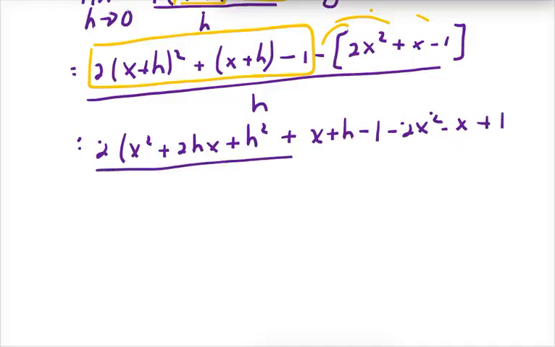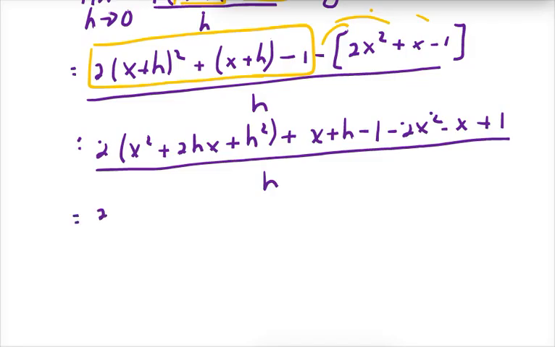So we're going to try and clean up this expression. And what are we left with here? I'm going to distribute in the 2. Oops, made a mistake here. Close this parentheses.